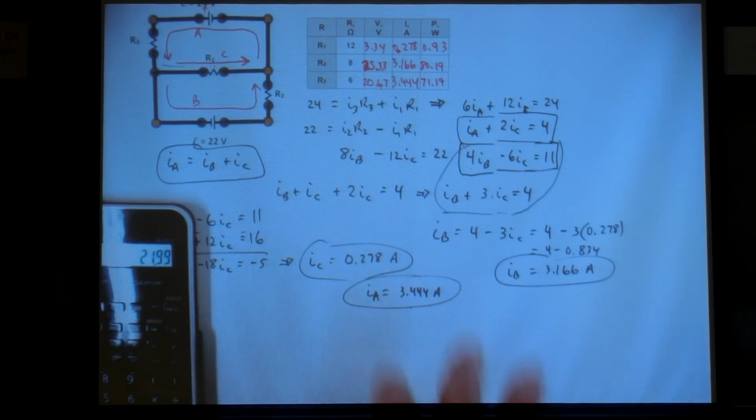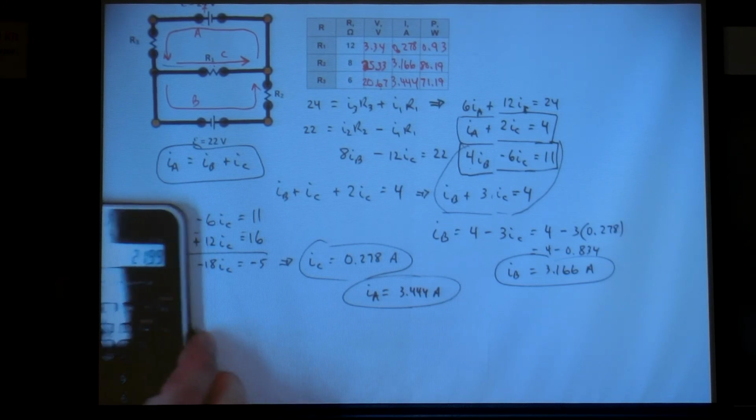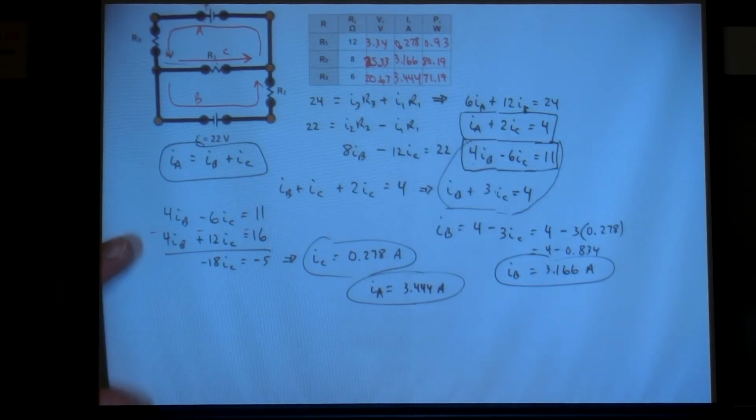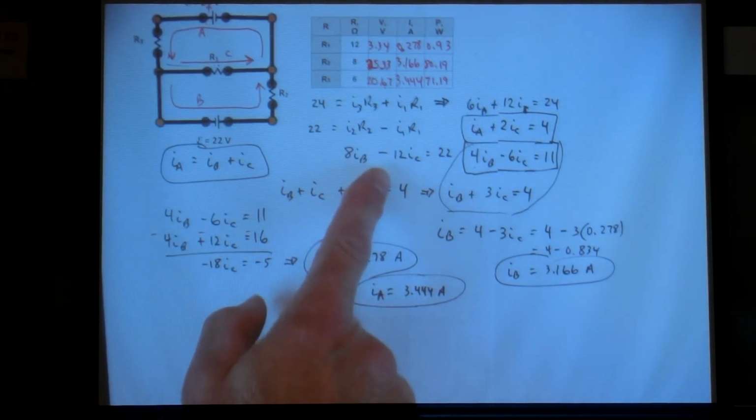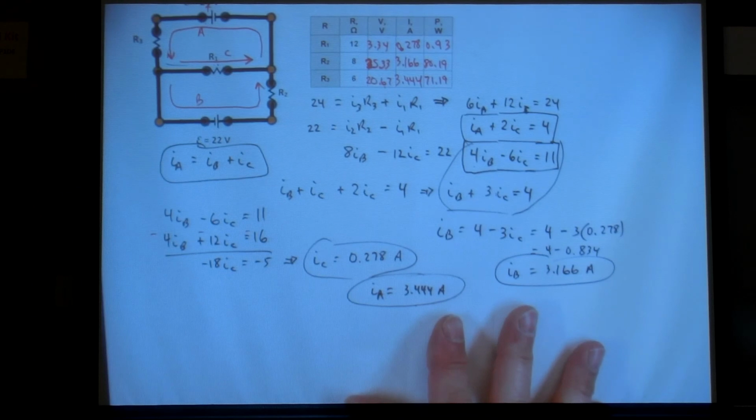So this checks out. So the most challenging part of solving a complex circuit is making sure that you get a minus sign in a loop equation when it's needed.